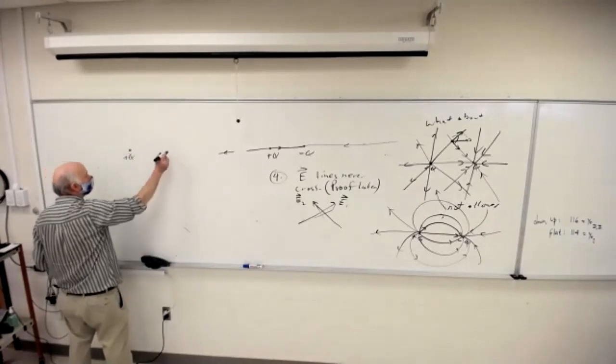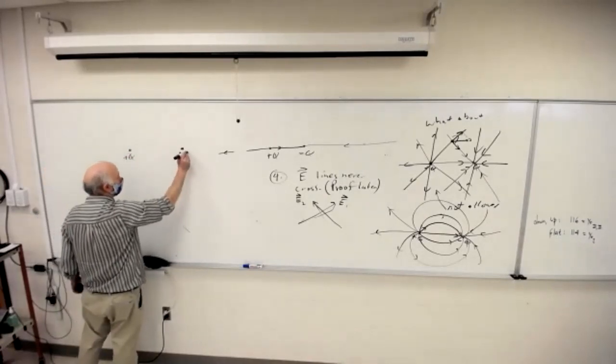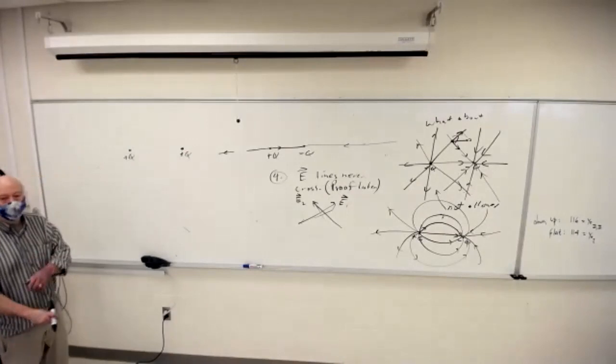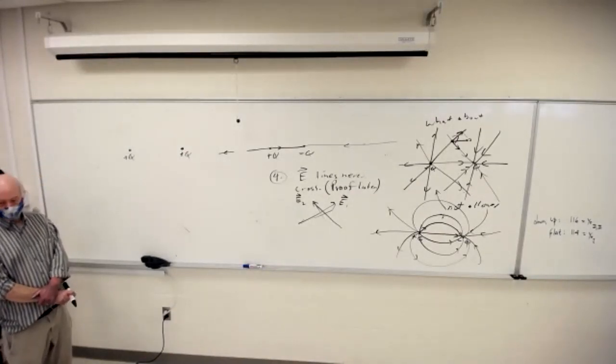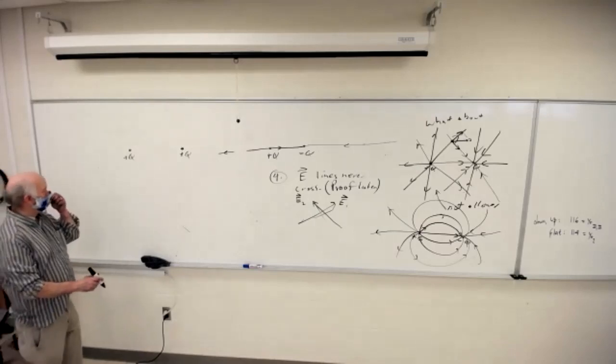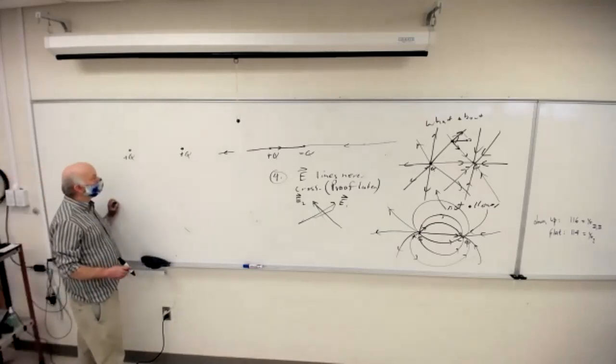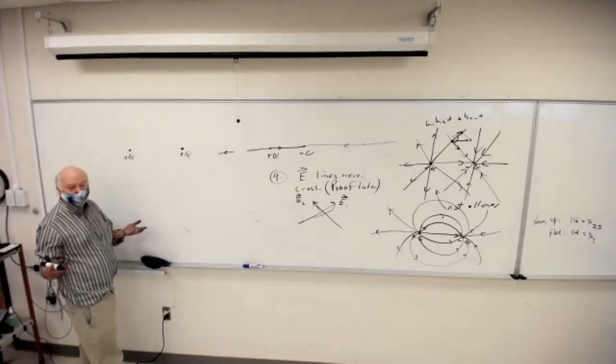Let's add a positive charge and a positive charge. How's that one going to look? I mean, it's just going to repel. There wouldn't be a line in between them. Okay, so these are going to repel.